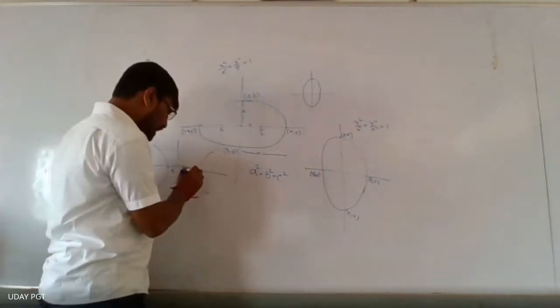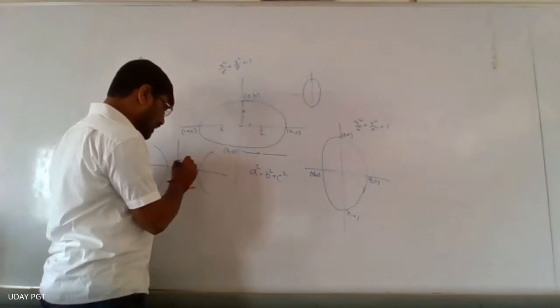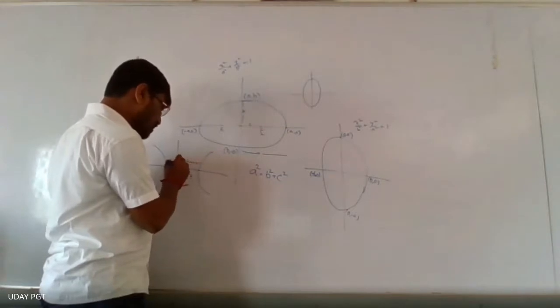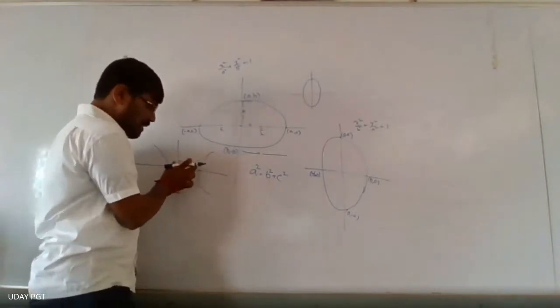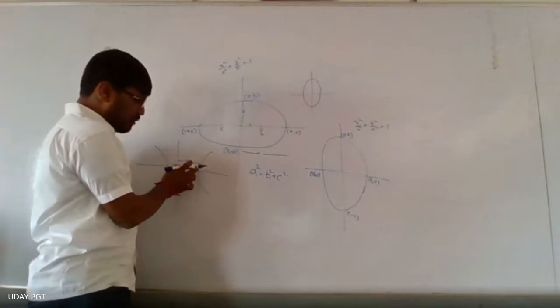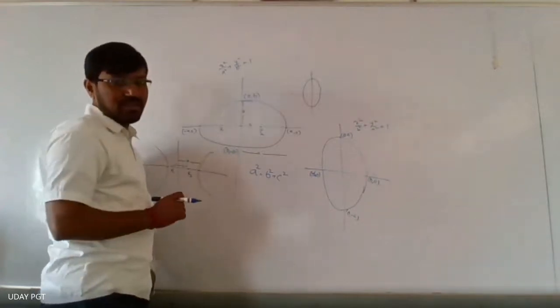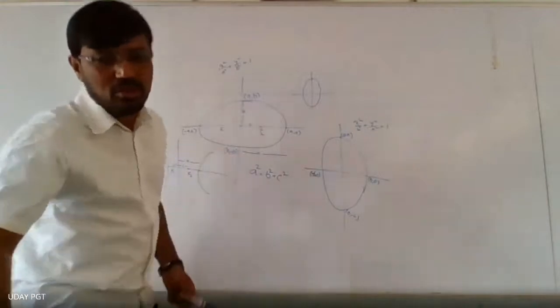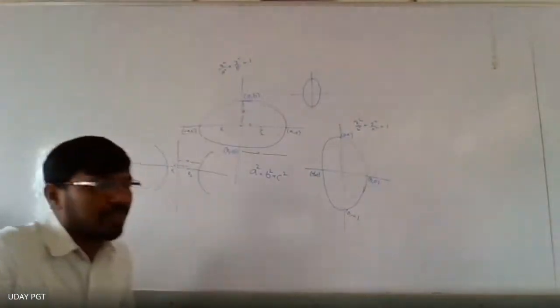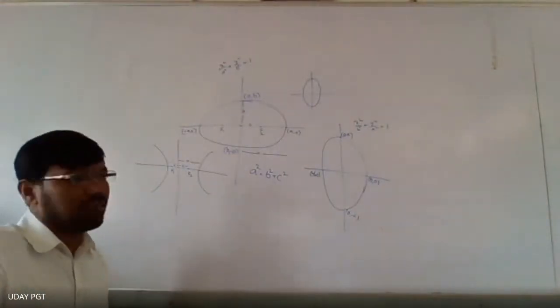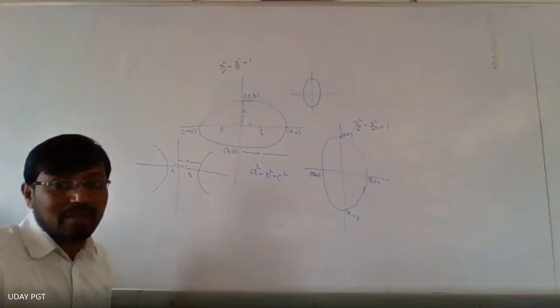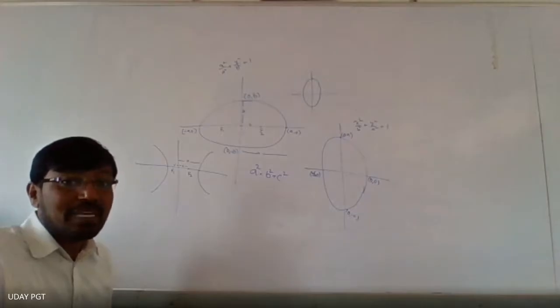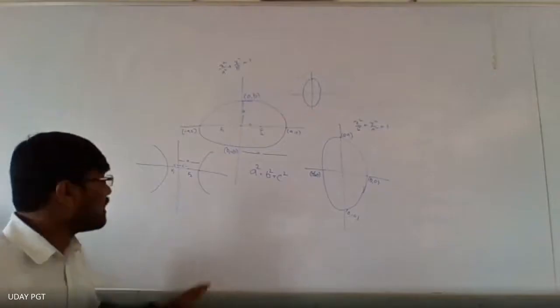And the distance from the center to the vertex is always denoted by A. So in this case, is A more or is C more? You tell me whether I have written right or wrong here. A is greater, sir. This confusion will be there for all the students.